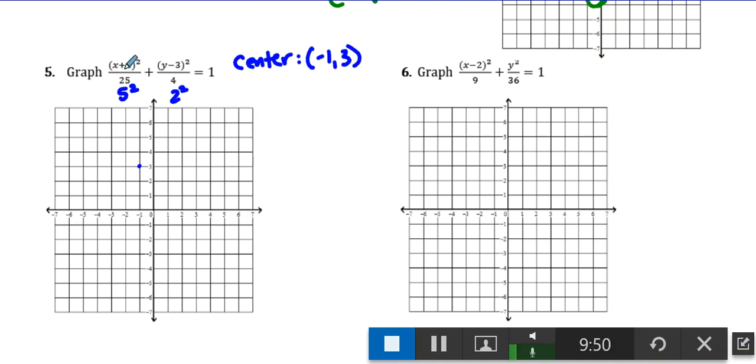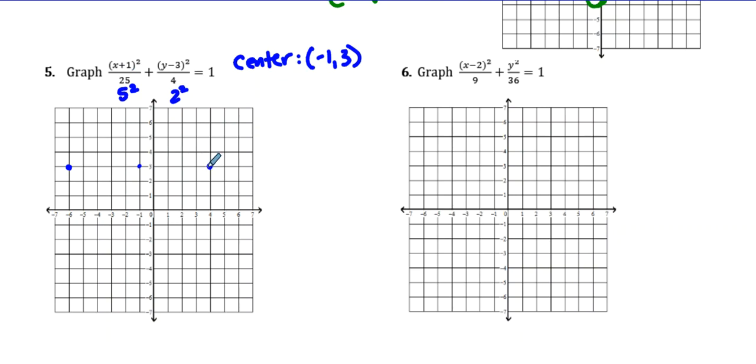Because this is underneath the x, we're going to go 5 in the x direction. 1, 2, 3, 4, 5. And this way as well. And then we're going to go 2 in the y direction here and here. And so sketch your ellipse.